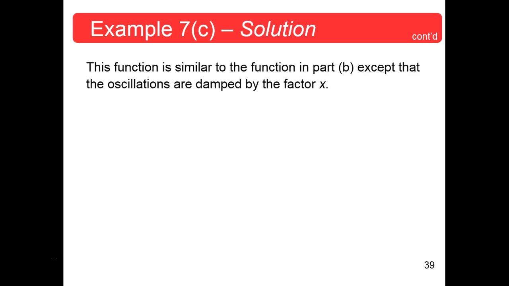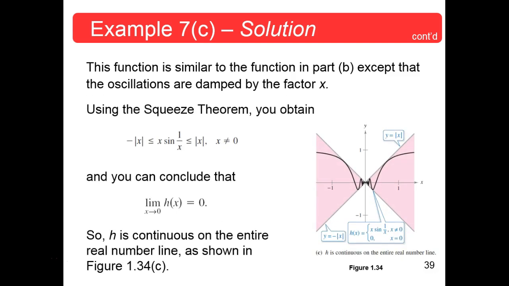Okay. Now, the c part. This function is similar to part b, except that the oscillations are damped, be sure you put the x in there, by the factor x. Okay? Now, and here we use the squeeze theorem. Okay?